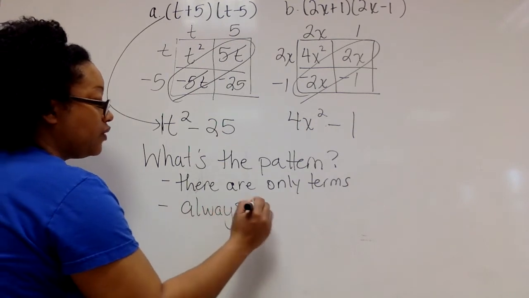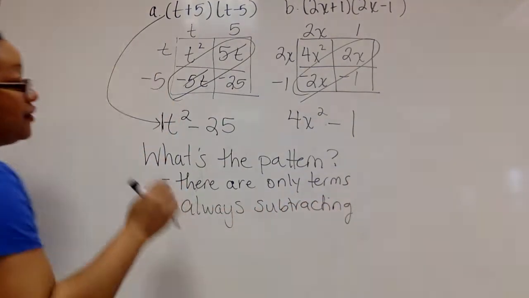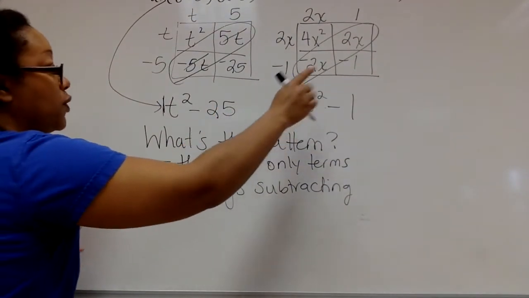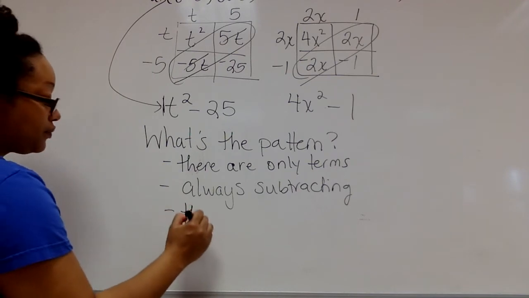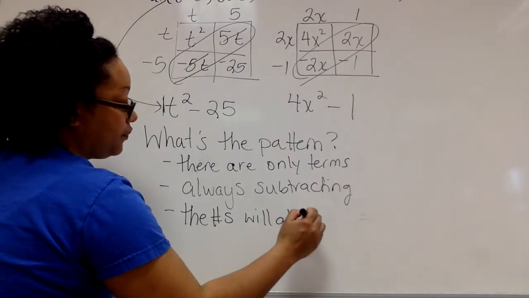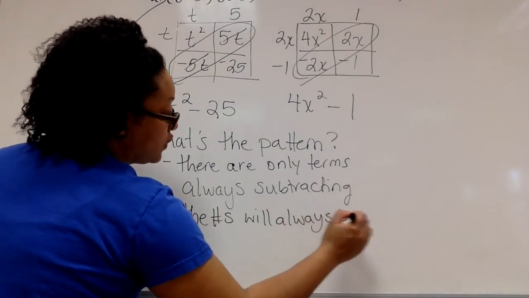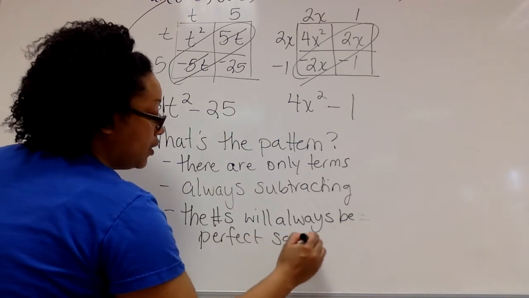Always subtracting. And if you recognize 25 is a perfect square, 4 is a perfect square, 1 is a perfect square, the terms, the numbers, will always be perfect squares.